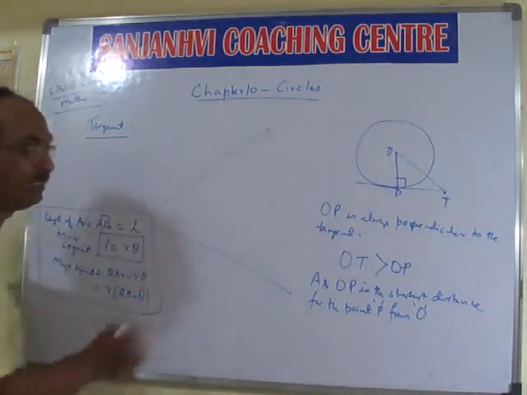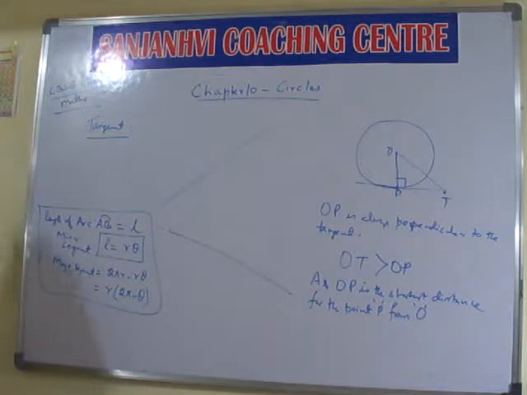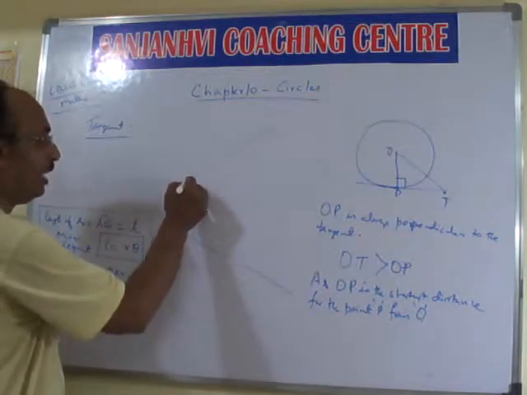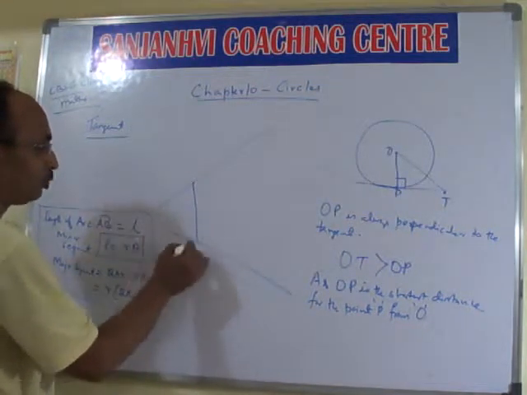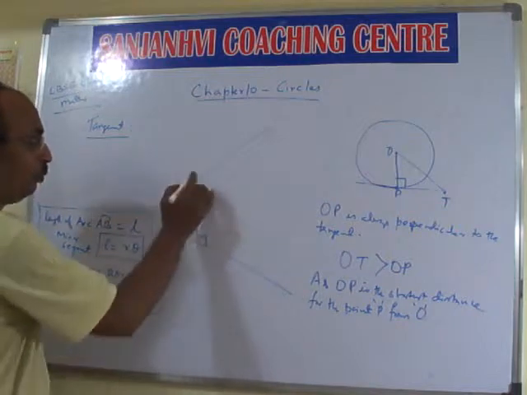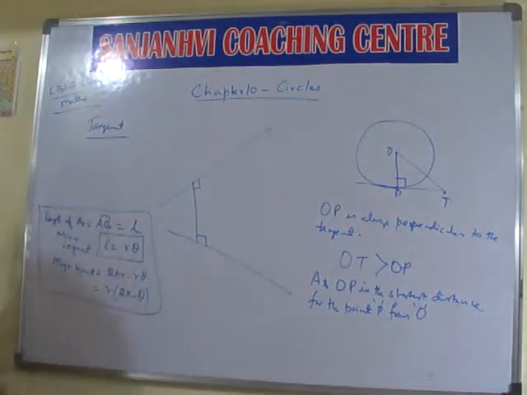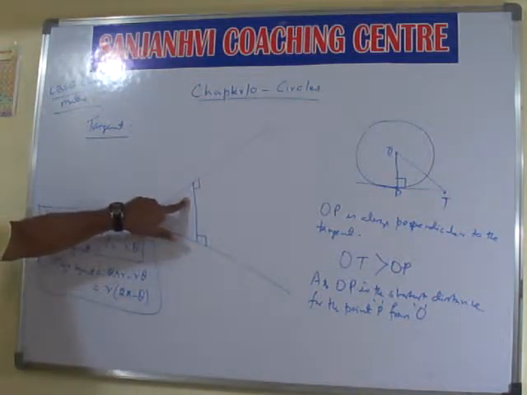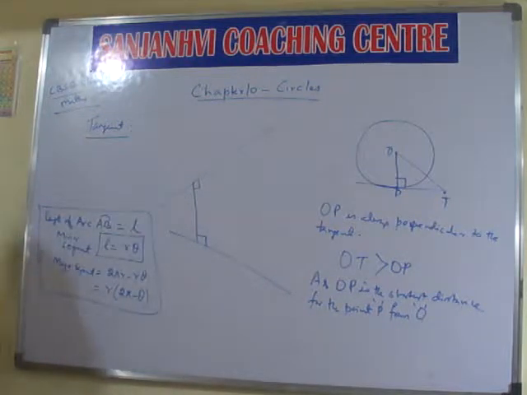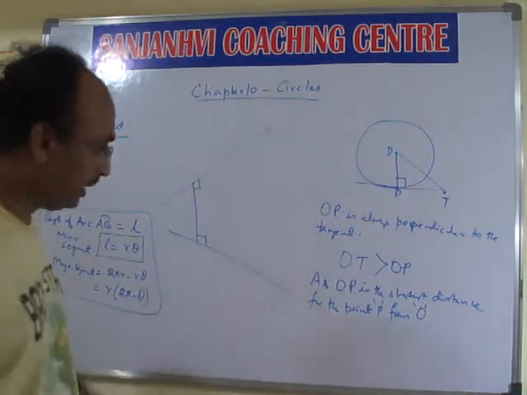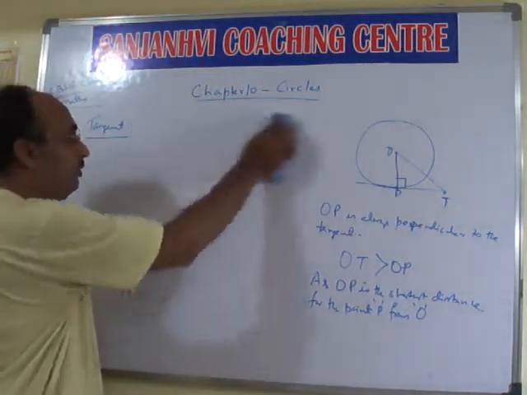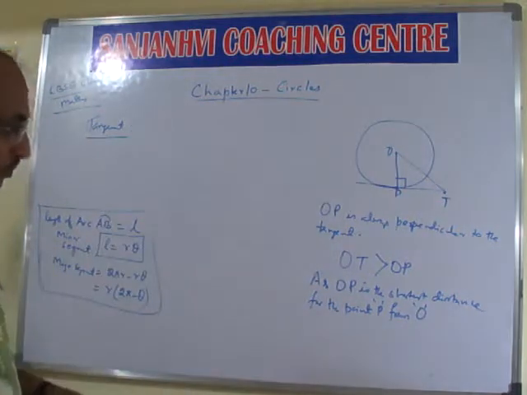Suppose two lines are there. If you want to find the distance between two lines, you need to draw a perpendicular from one line to another, perpendicular to both lines. That perpendicular will give you the shortest distance between the lines.